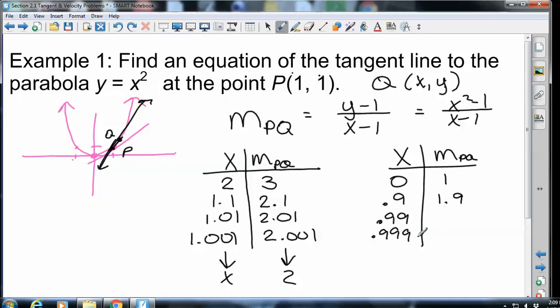All right, but we could get closer. Let's try a few more. You three over here, you put in 0.99, and this half the room, you guys put in 0.999, and see what you get for your slopes.